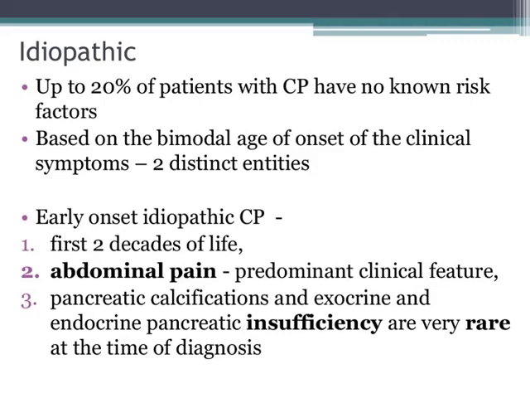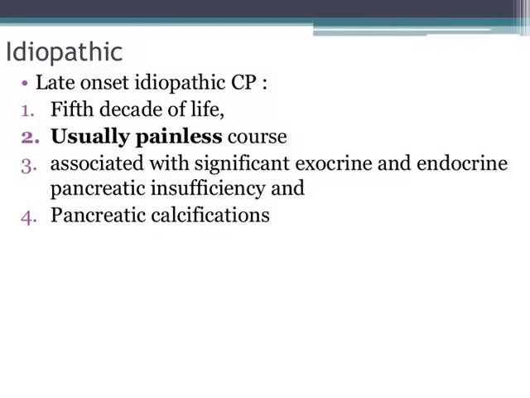Abdominal pain is the predominant clinical feature; pancreatic calcification and exocrine and endocrine pancreatic insufficiency are very rare at the time of the diagnosis. Late onset idiopathic chronic pancreatitis happens in the 5th decade of life, usually with a painless course, associated with significant exocrine and endocrine pancreatic insufficiency and pancreatic calcification.